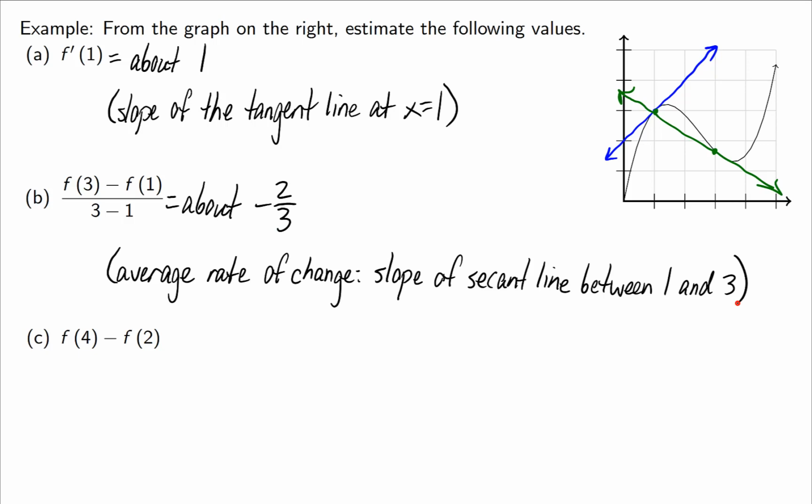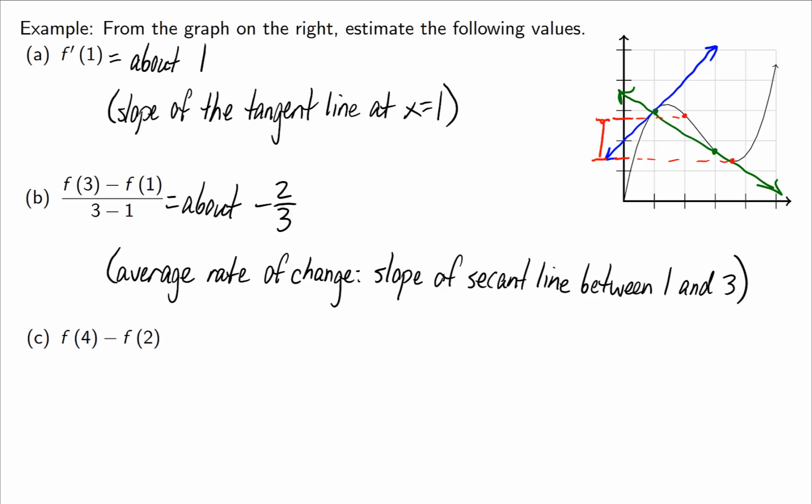Now the last one is one that's more coming from things you've done previously. f of 4 minus f of 2. f of 4 actually just means take the point at f of 4 and consider the y-coordinate. f of 2 would be consider the point at 2 and consider the y-coordinate. So then f of 4 minus f of 2, what we'll do is look at this little gap right here and find the difference in y values.